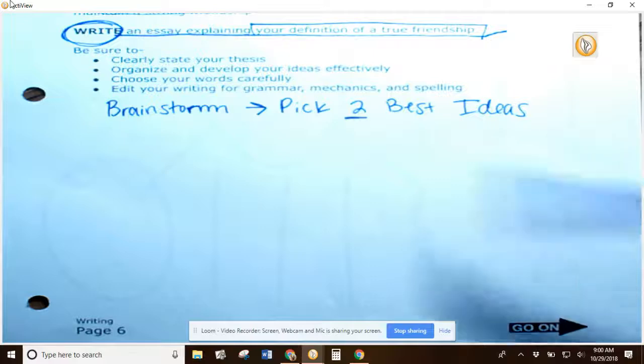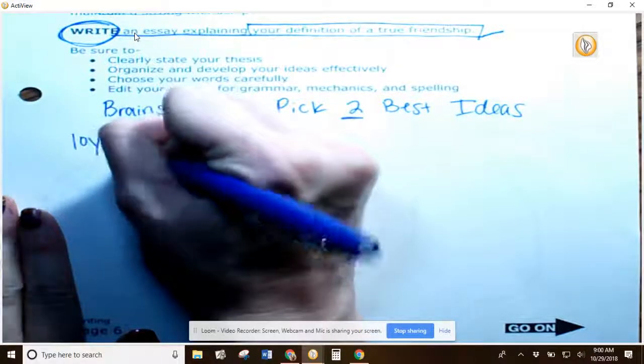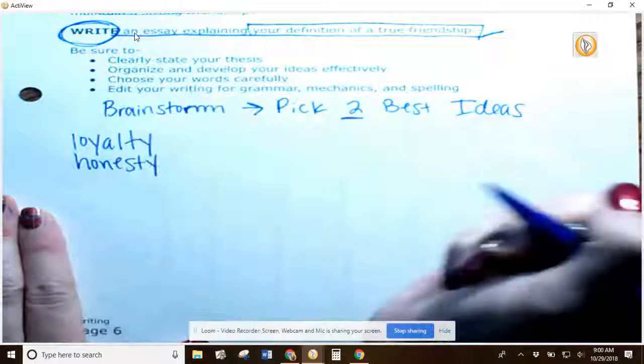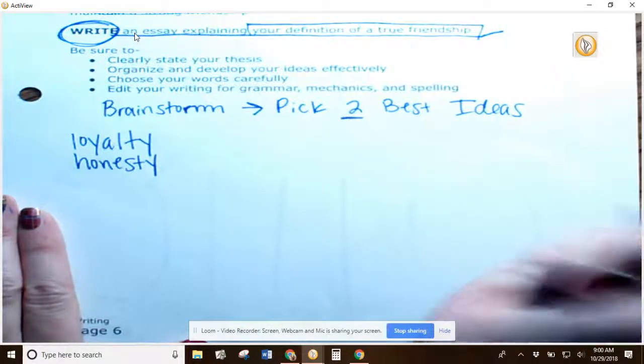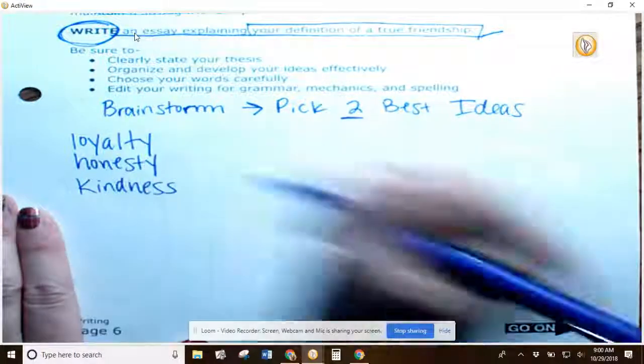Okay, so let's brainstorm some ideas. What are some things, some words, some phrases that you associate with a true friendship? Loyalty. Honesty. Okay, write these down. Loyalty, honesty. What else? Kindness.